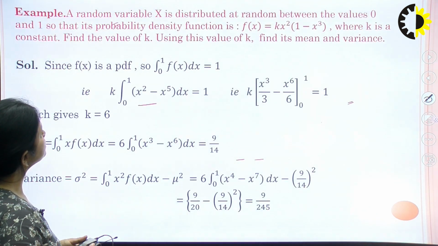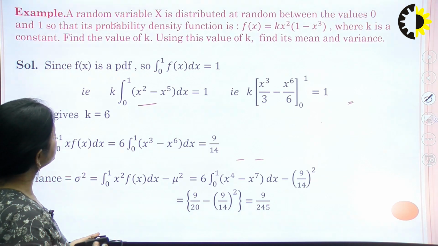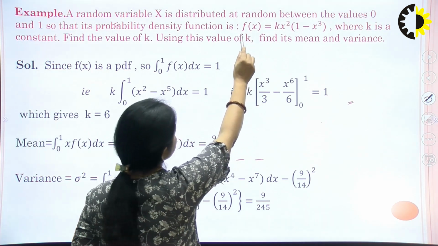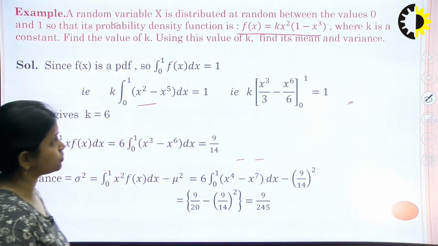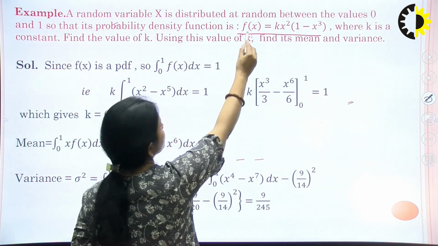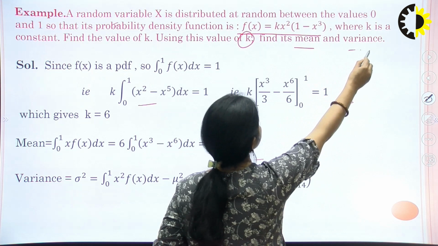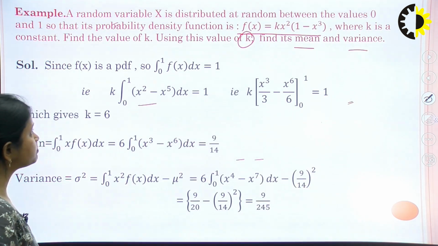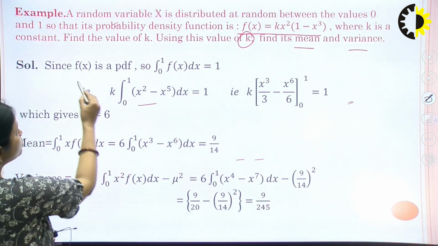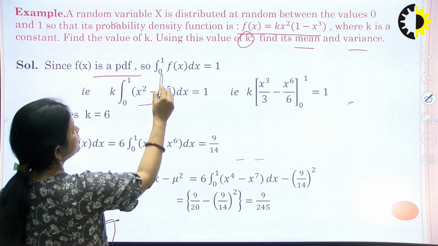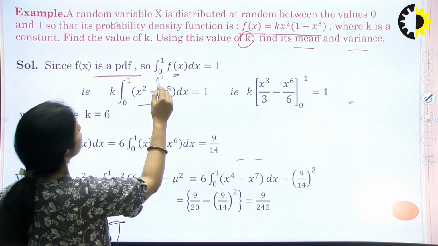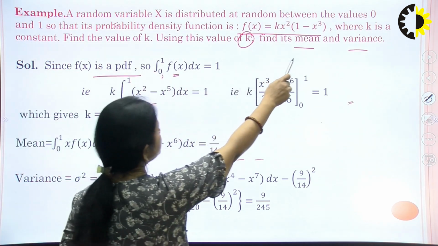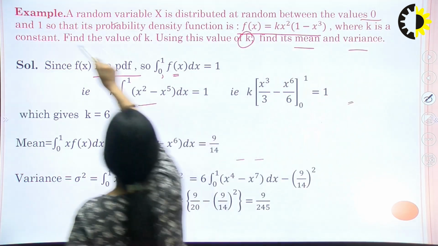Next, in this example, we again have a probability density function fx is equal to k x square into 1 minus x cube. We have to find the value of k and the mean and variance. This is a very simple and very important example. You know that the total probability is given by integration of the probability function over the prescribed range. The range of the random variable is 0 to 1.